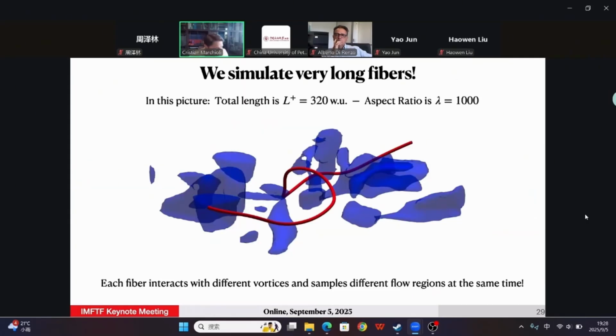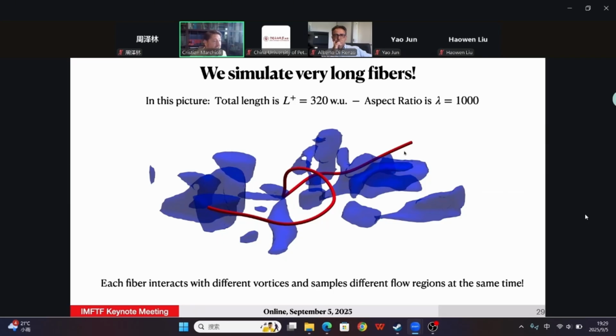Now, just to tell you a little bit about the kind of fibers that we are releasing into the flow, we have isolated here, and I have to thank Darish for providing me with this picture, just one fiber. So this is one of the fibers that we release in the turbulent flow, which is this guy here.